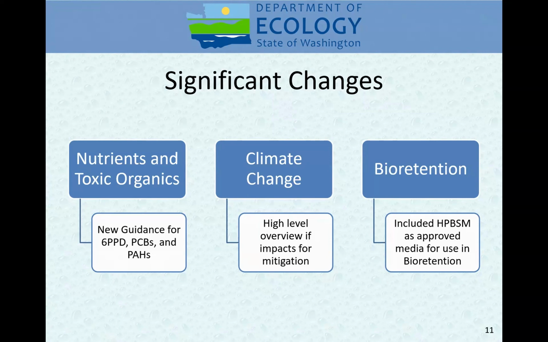So the best place we can put them is emerging guidance, and tell you that you can use that information if you wish, but you're not required to until it becomes part of the permit and part of the manual. It's available to you if you want to use it.